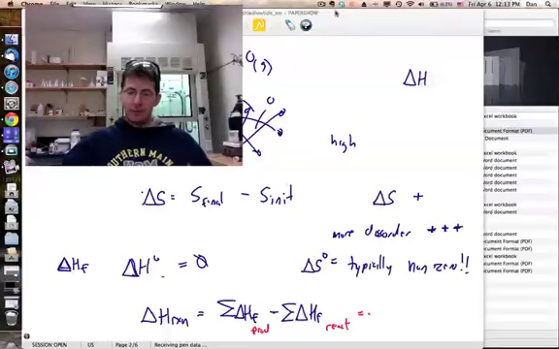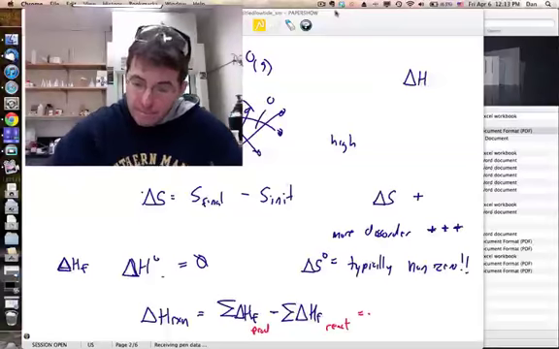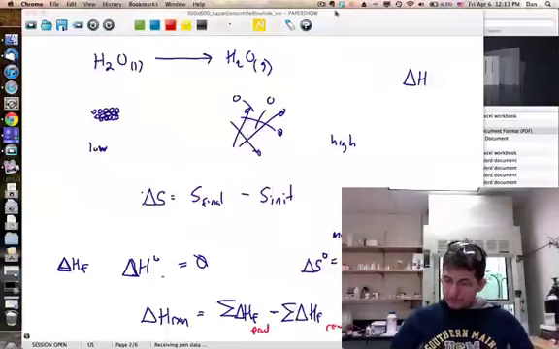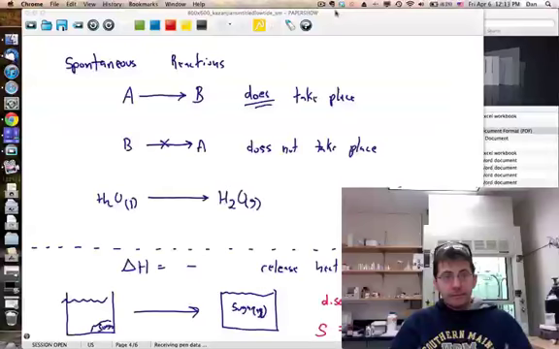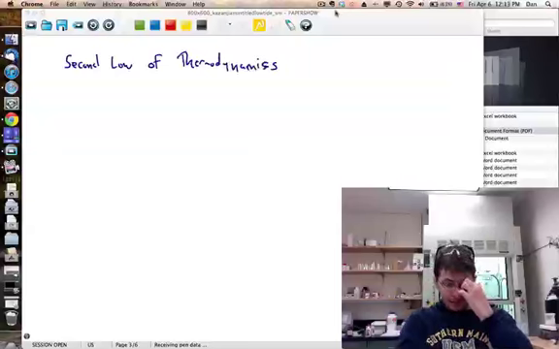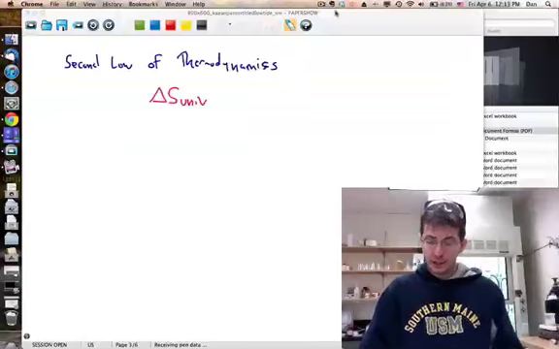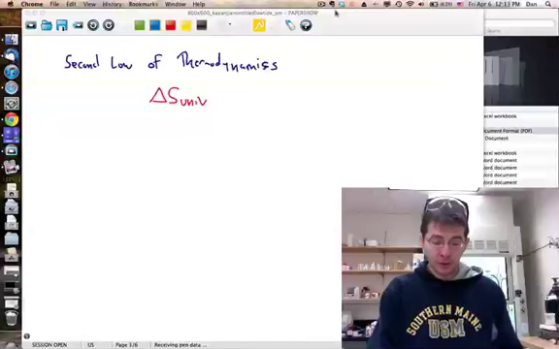The second law of thermodynamics basically states that the change in entropy of the universe should always be increasing.